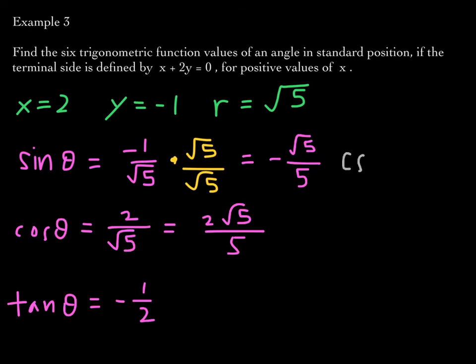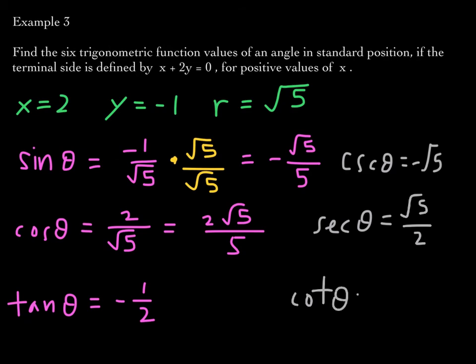So cosecant of theta: all I'm going to do is reciprocate negative 1 over root 5, and you would get negative root 5 over 1, which is just negative root 5. Secant of theta will be the reciprocal of 2 over root 5, so it'll be root 5 over 2 and positive. Finally, cotangent of theta will be the reciprocal of negative 1 over 2, so it'll be negative 2.